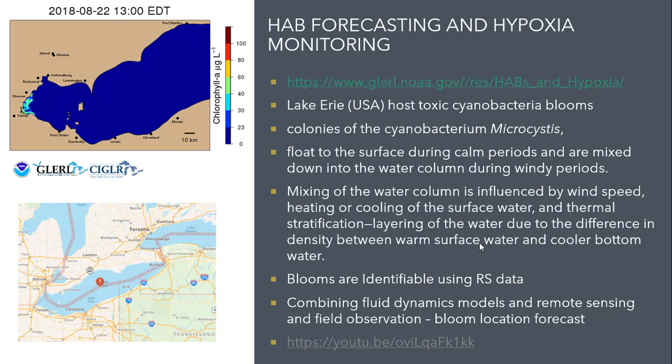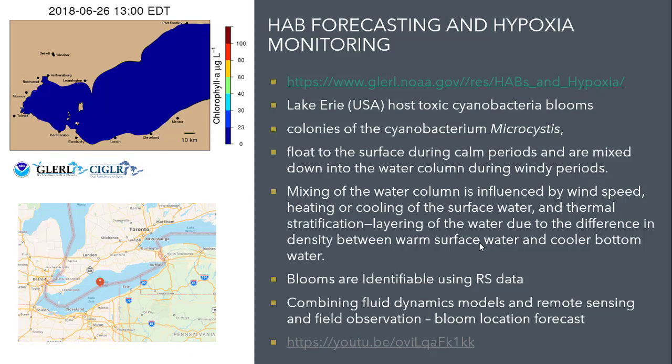So the mixing of these cyanobacteria, their bloom, is influenced by wind speed, the heating and cooling of the surface water, creating a kind of thermal stratification across the water layers. These different densities also affect how they move around from place to place within the water body.